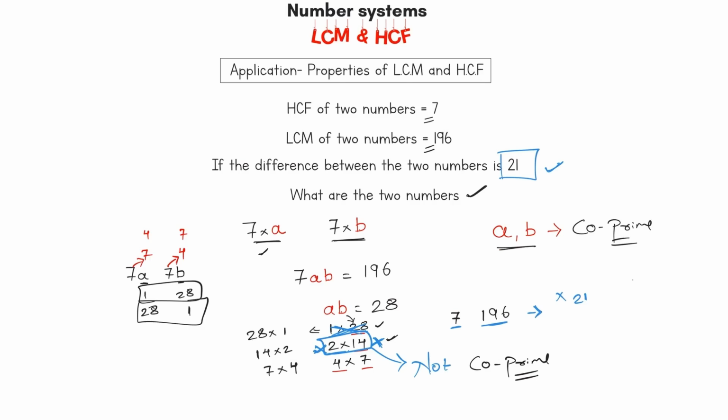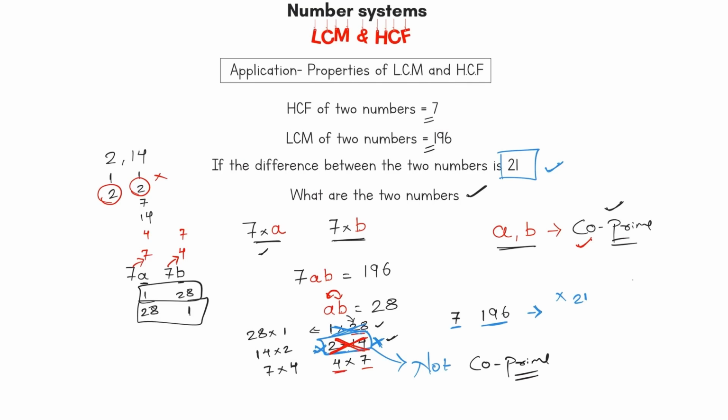A and b have to be co-prime, right? Which means their highest common factor has to be equal to 1. If you can see, I have a 2 and a 14 here. The factors of 2 are 1 and 2. The factors of 14 are 1, 2, 7 and 14. The highest common factor here is 2, which means they are not co-prime, and a and b have to be co-prime to each other. We know that. That's the condition. So this can never happen.